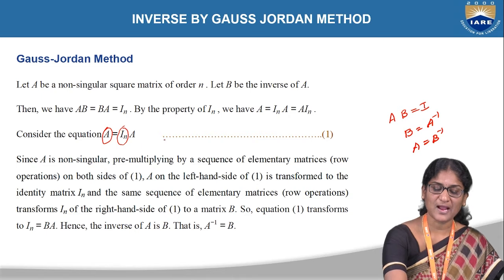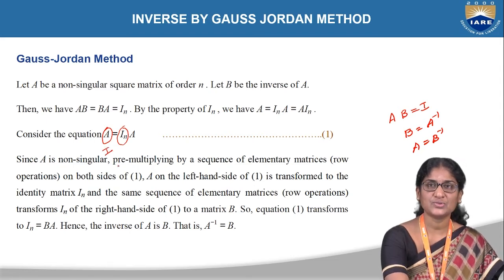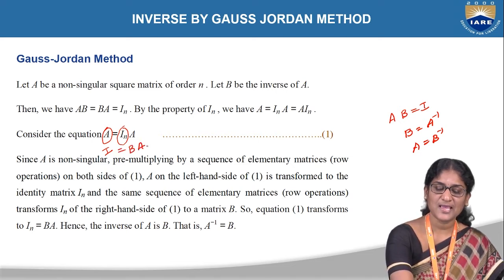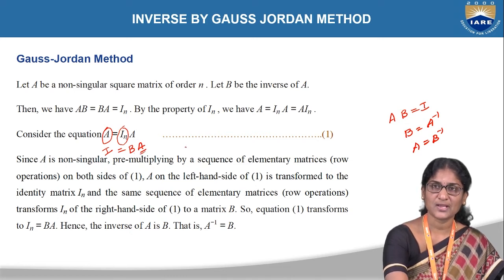You go on doing this until the left hand side matrix is completely reduced to identity. Then at last we will get I is equal to some matrix into A. A is not affected and I is changed to B. And here you can call that A inverse is nothing but the matrix B.